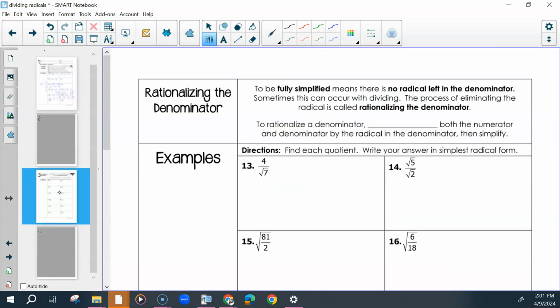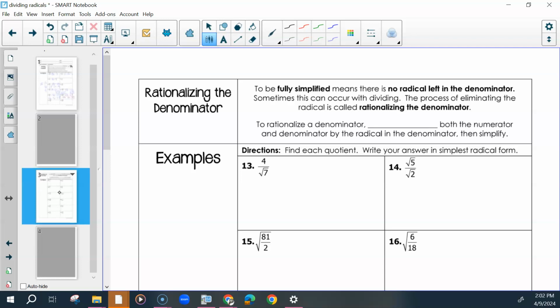Alright, now we're going to talk about something else. All the ones we've had to do so far came out as a nice number, like there was a number at the bottom, it was easily simplified. Now we're going to talk about what happens if you end up with a radical in the denominator. So in general, we don't want that because it's not fully simplified. In order to get rid of that, we're going to do something called rationalizing the denominator.